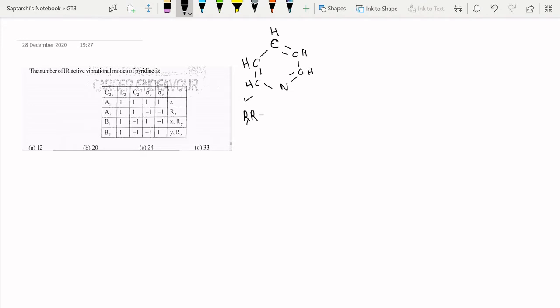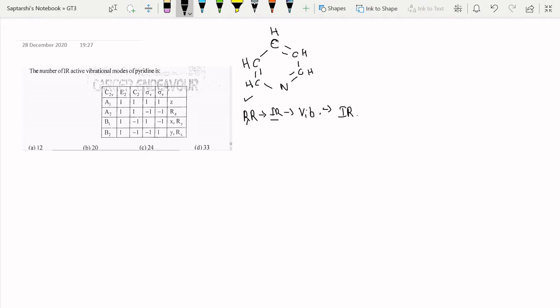We need to find its components, right, as we found out in the previous video. Then we need to find out the specific vibrational modes, right? And from those vibrational modes we need to find out the IR active.